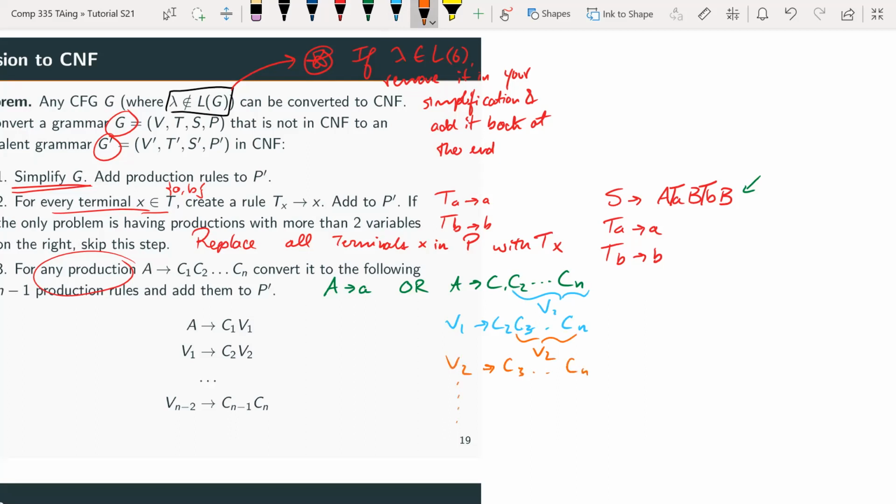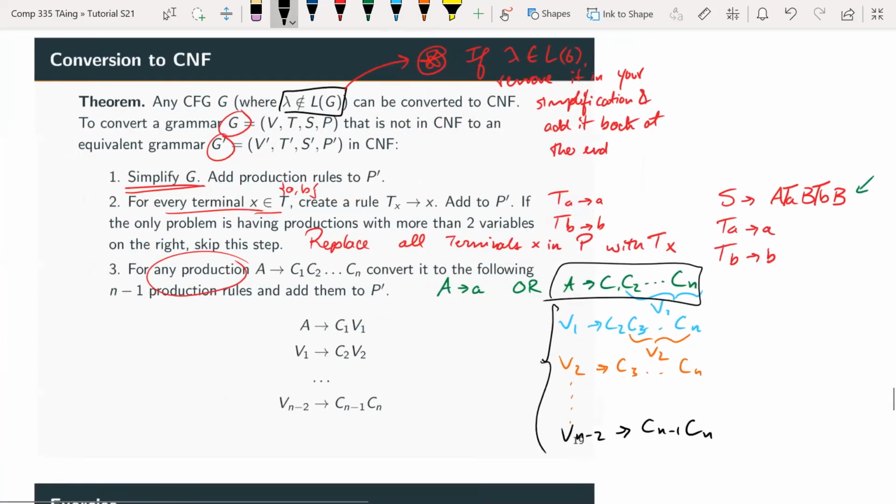And so on until you have Vn minus 2 gives you Cn minus 1 Cn. Okay, and so then this production rule is converted to these production rules respecting Chomsky normal form. Okay, so that's how the algorithm works.